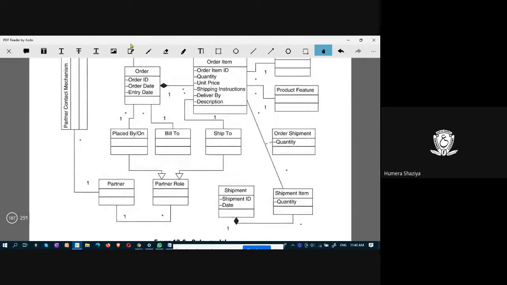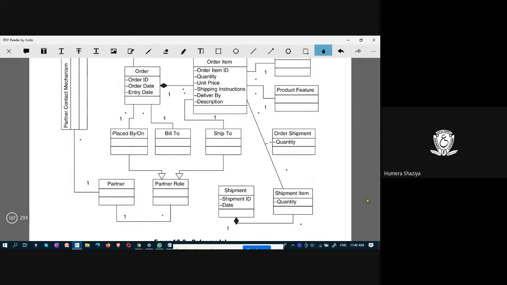All right, and then partner depending on partner role here. All are partners, but they would be distinguished by their role. If an instance is coming from the left side, it would imply that the role would be customer.